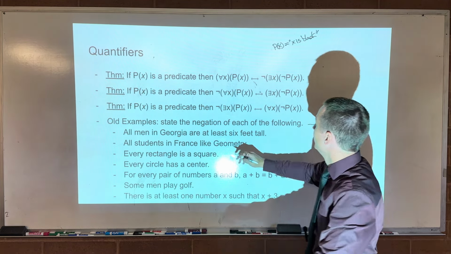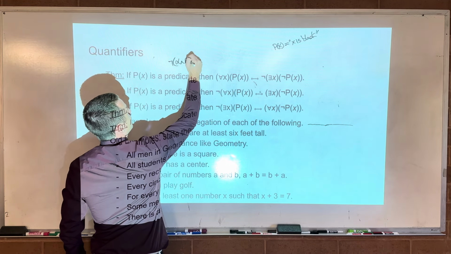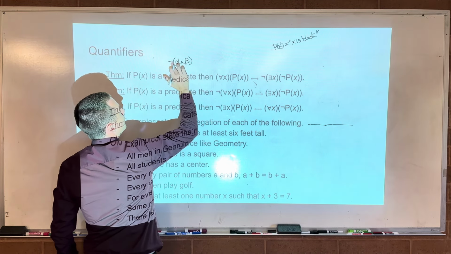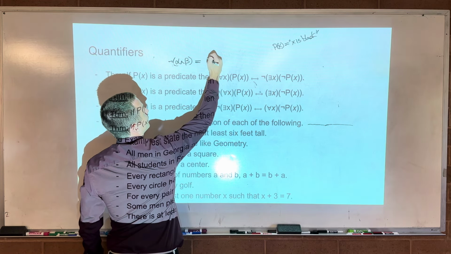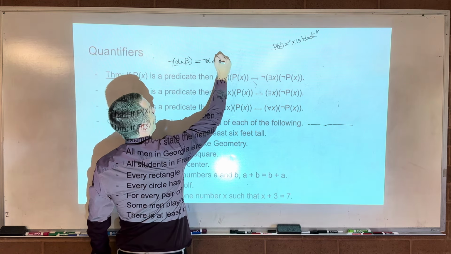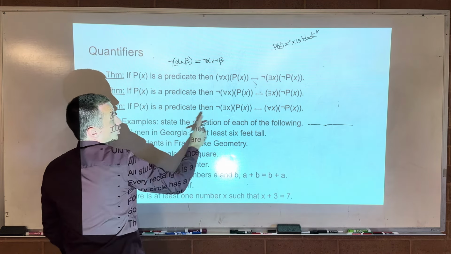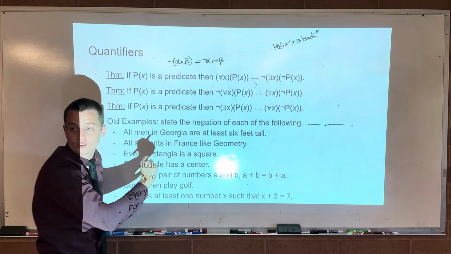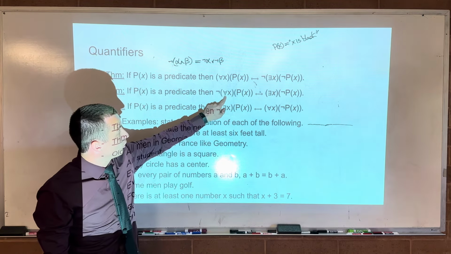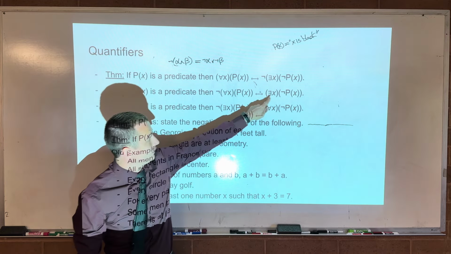So, perfect. The same way that not alpha and beta equals not alpha or not beta, we also have that not for all x p of x. When you distribute the not over the quantifier, it turns a for all into a there exists, and then you can put the not inside.